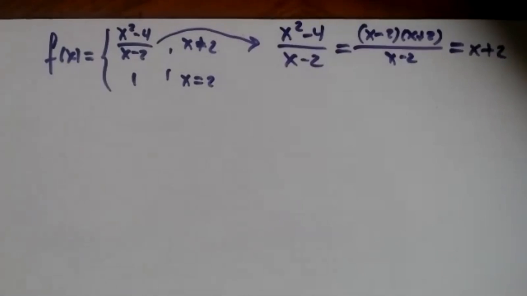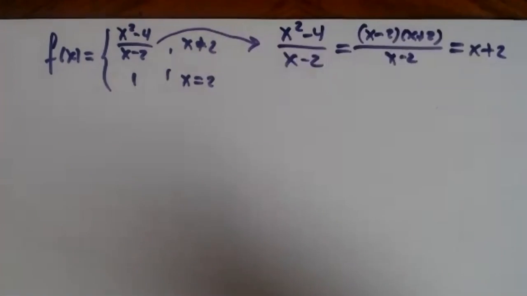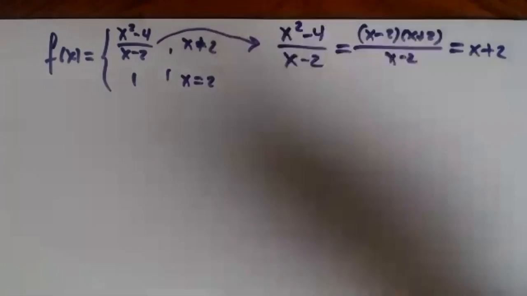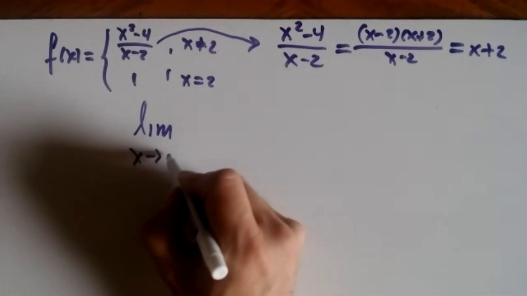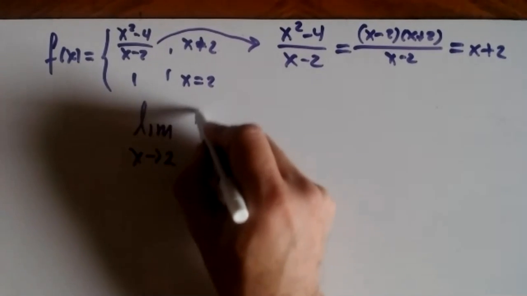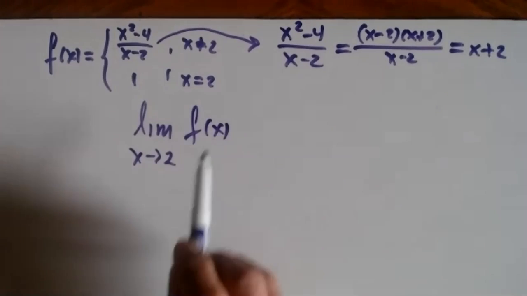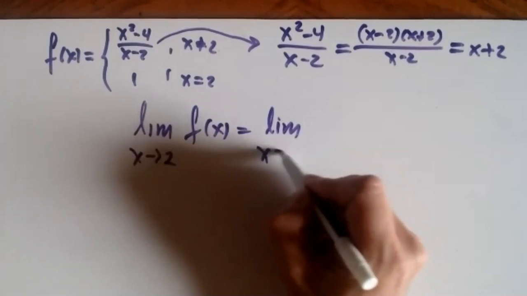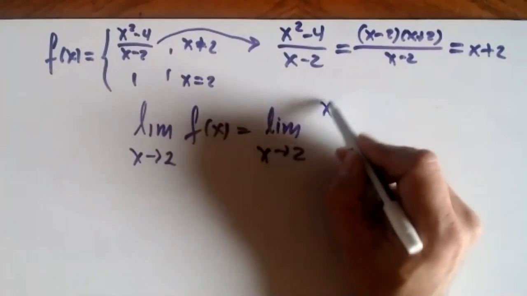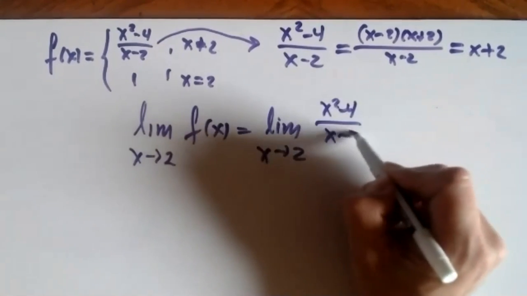Now, let's see what happened here. What happens if you take the limit of this expression? What do you get? So if you put, for instance, in 2. So suppose you get the limit when x approaches 2 of f of x. So we have to use this expression. So it's the same as the limit when x approaches 2 of x squared minus 4 over x minus 2.